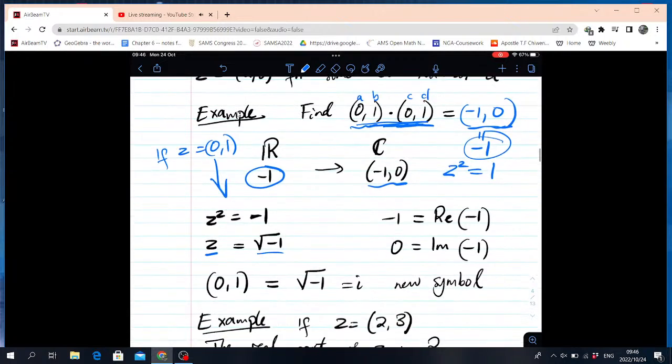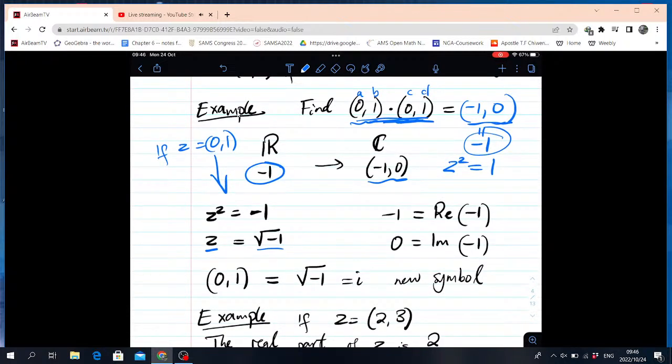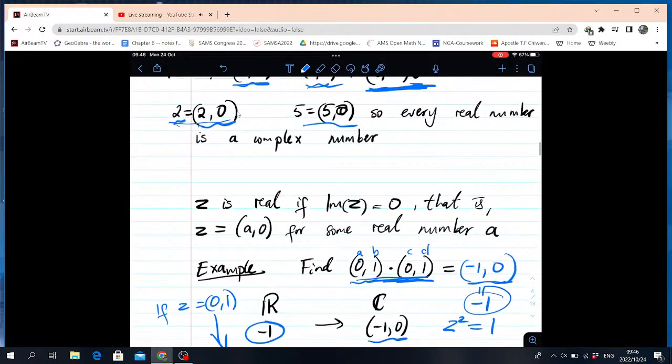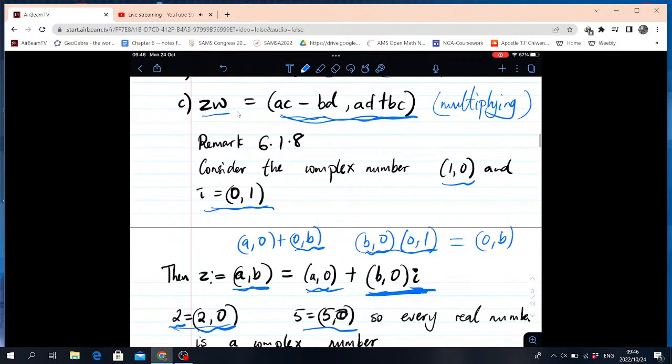And then, if you think about our -1, the real part of that is -1, and the imaginary part of that complex number is 0. So in other words, remember we called (0, 1) to be i.